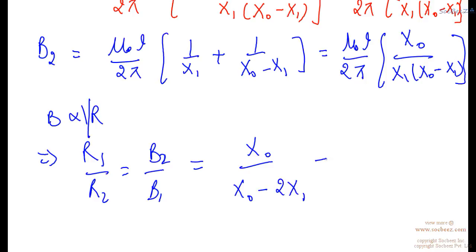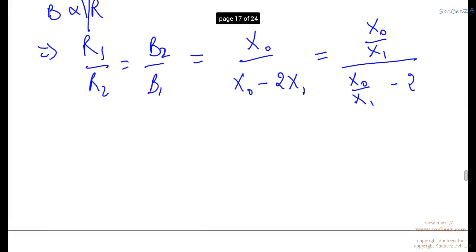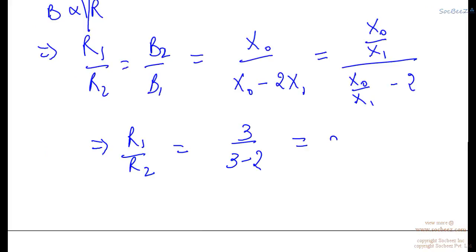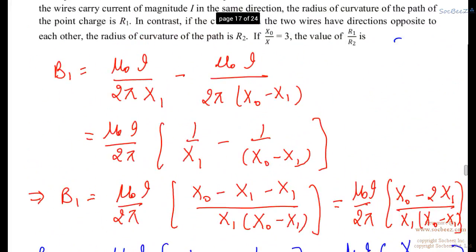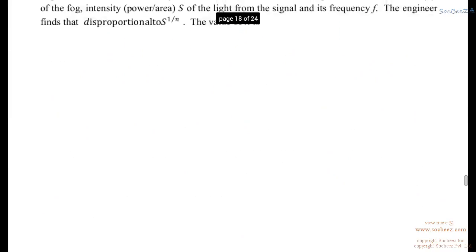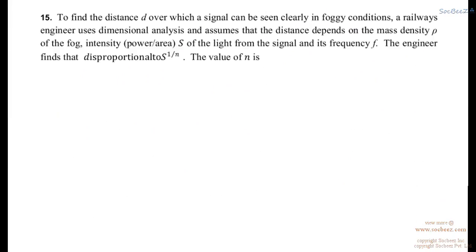So if we divide numerator and denominator by x1, then this comes out to be x naught upon x1 upon x naught upon x1 minus 2. So from here R1 upon R2 equals 3 upon 3 minus 2, which is equal to 3. So the correct answer here is 3. Okay, so now let's see another question.